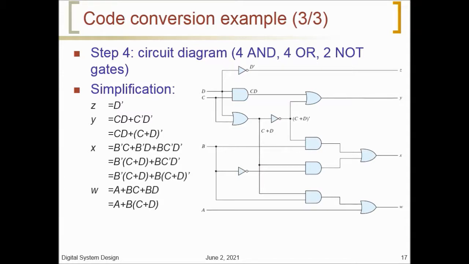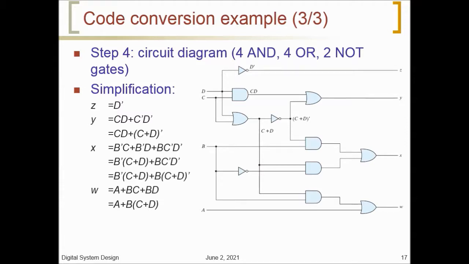X is equal to B complement C complement plus B complement D plus B C complement D complement, and this gives us X is equal to B complement into (C plus D) plus B into (C plus D) whole complement. And at last, W is equal to A plus BC plus BD, which is equal to A plus B into (C plus D). The logic diagram that implements these expressions is shown in this figure.